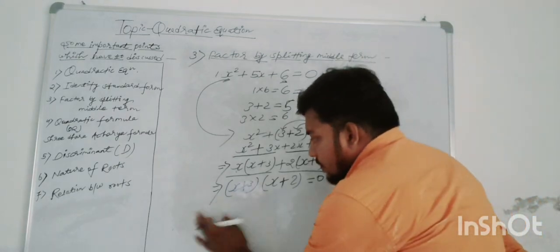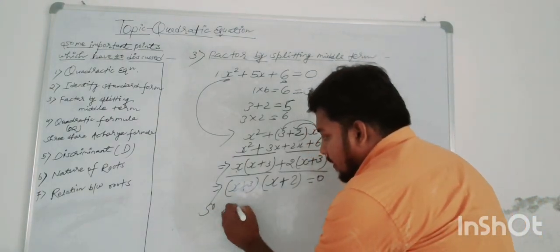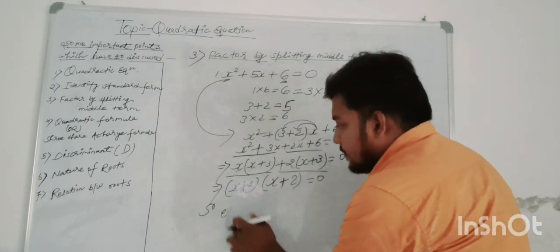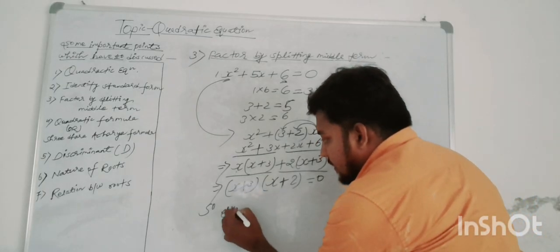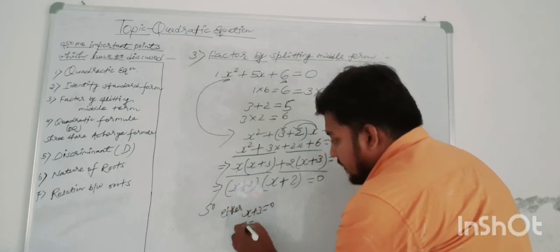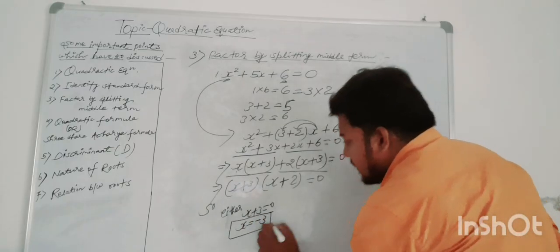So first we take x + 3 = 0. Either x + 3 is equal to 0, then we get the value of x is minus 3, x = -3.